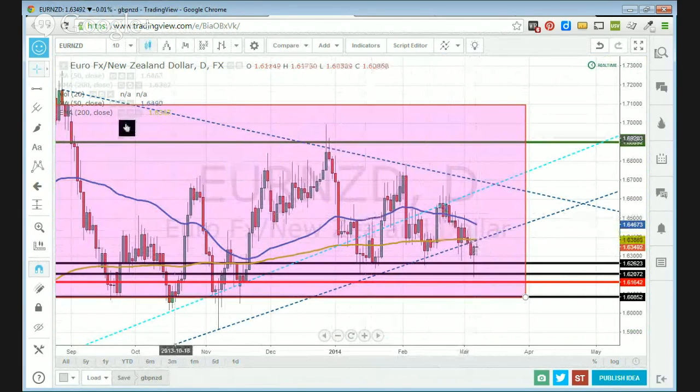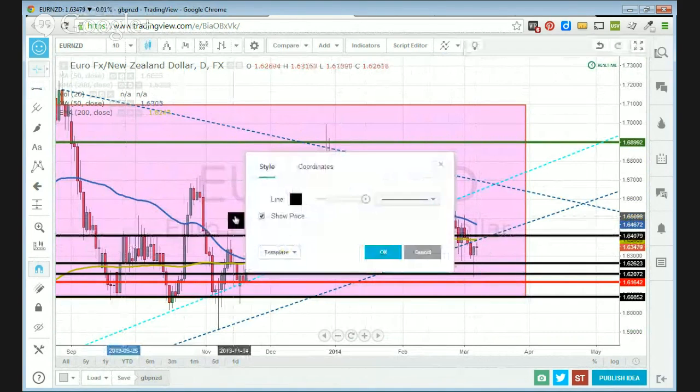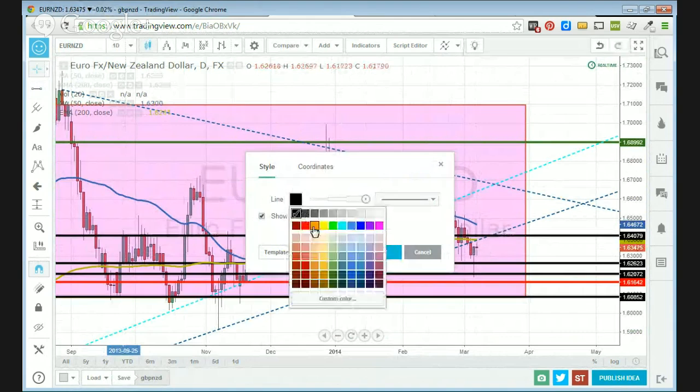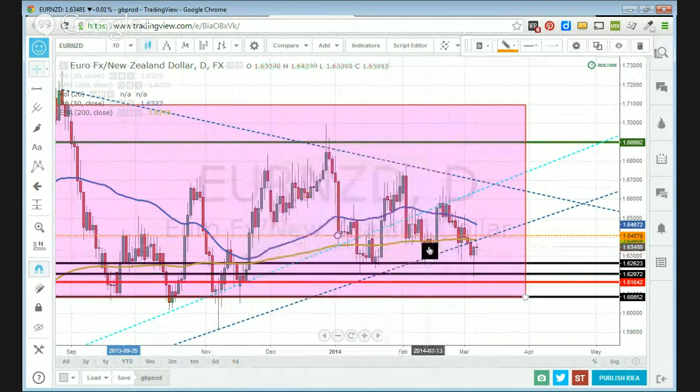Well, actually, let me draw this line. Yeah, if we can close above here, I'll make this orange. I'll make it a bit thinner, and I'll make it dashed. Okay, so if we can close above this minor resistance level, I can move my stop to break even, which would be from here all the way up to here.